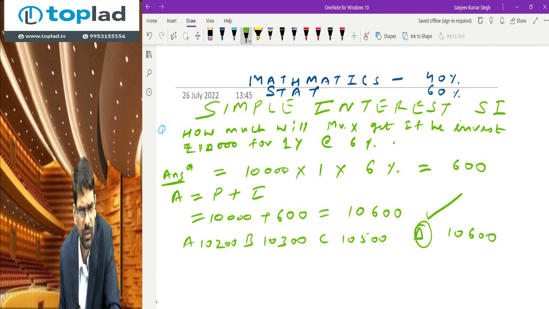Don't take pressure. Whether chapter or syllabus, we will finish on time, and we will provide sufficient time. Okay.